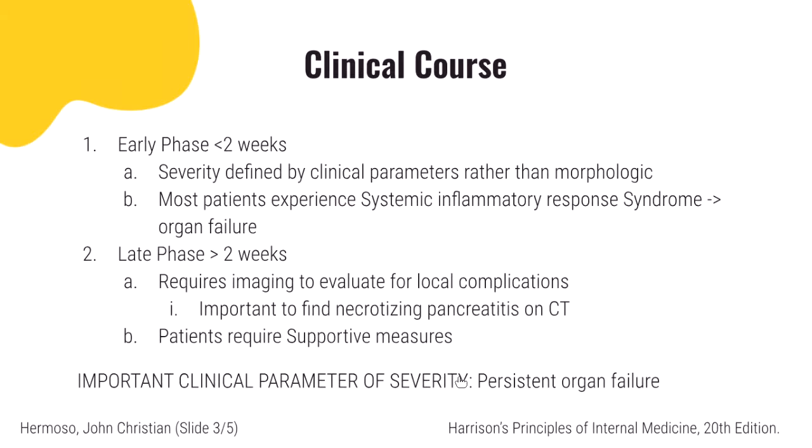Usually we request a CT scan if, for example, the patient hasn't improved after 48 to 72 hours. We don't usually order a CT scan before 48 hours because that may underestimate the amount of necrosis that can be seen. Very good.